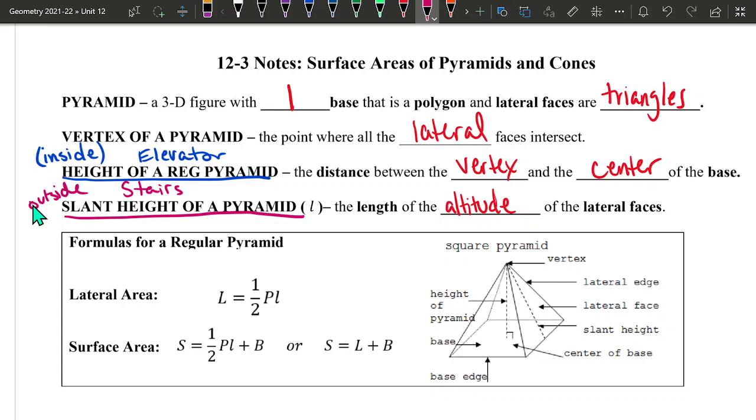Most of the time you're going to be needing the slant height of the pyramid, unless it's just some odd question that's asking you for the true height. So the slant height is on the outside. So in this diagram here, it's this one, and you can see that it is on the outside of the pyramid.